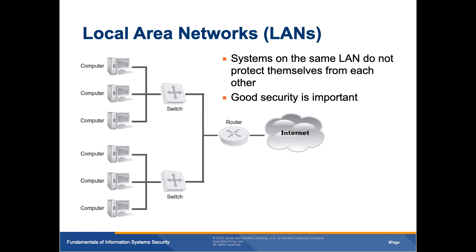But those computers on the same LAN have access to each other for the most part. You can implement some firewalls and some other devices to secure it down, but generally devices on the same LAN have access to one another. That's usually the goal.